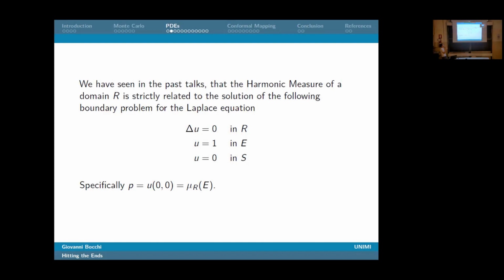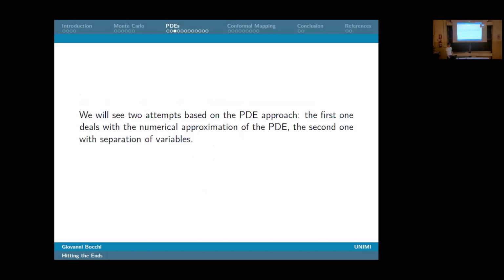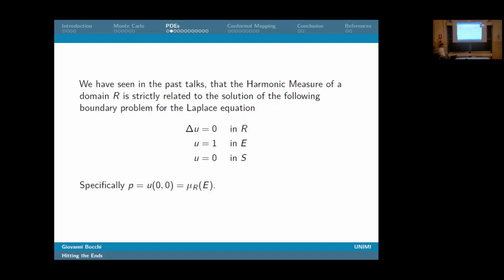And in the end, we obtain P by evaluating the solution at the point (0, 0), which is, again, by definition, the harmonic measure of the rectangle evaluated in the ends with starting point the origin. So essentially, now we can try to obtain an approximation of P by solving numerically, or in another way, this PDE, this boundary problem.